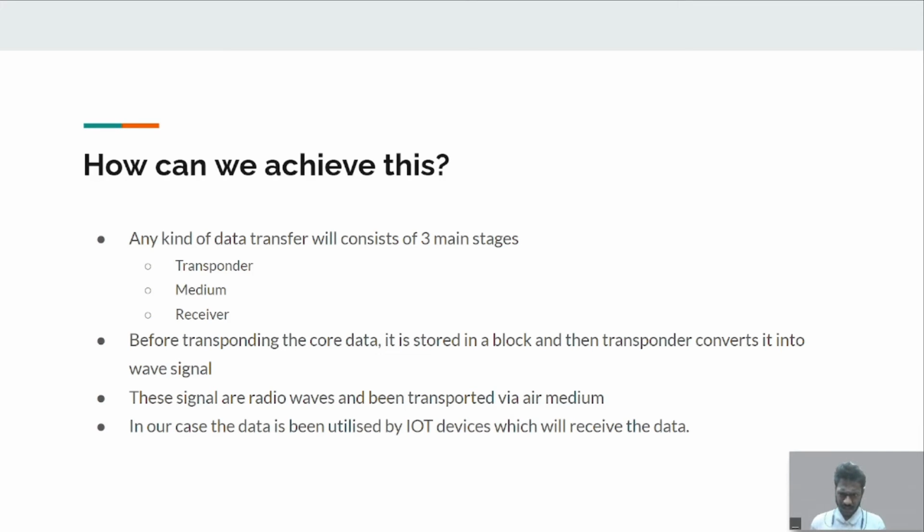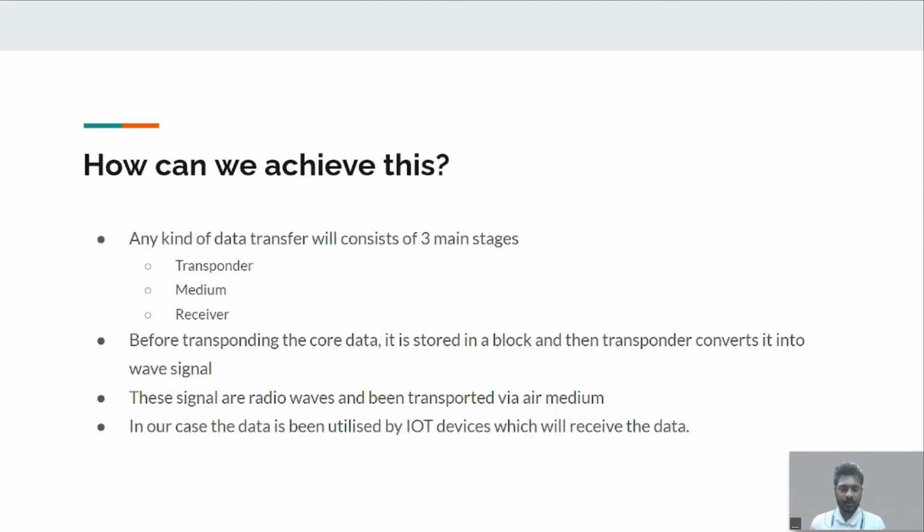This block will be transmitted by the transponder and travel through the air medium, since air waves need a medium. The receiver will receive it, decode it, and the block will be retrieved with its data in it.